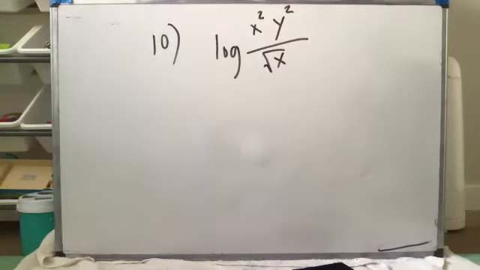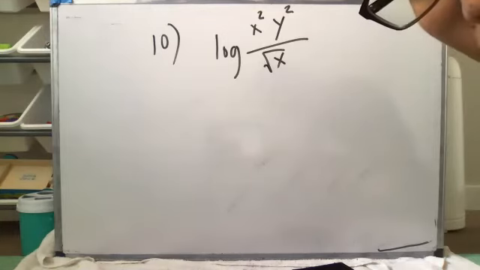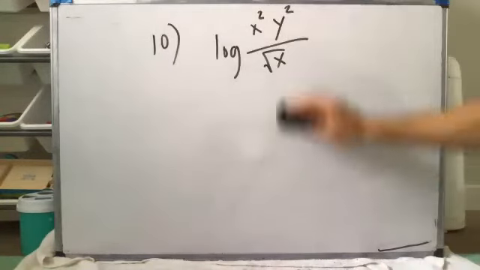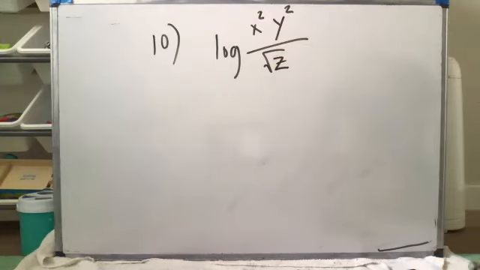I think it's Z. What's that? It says Z on mine. Oh, it says z? Yeah. Oh, yeah, sorry. I can't see. Okay, log of x squared y squared over square root of z.